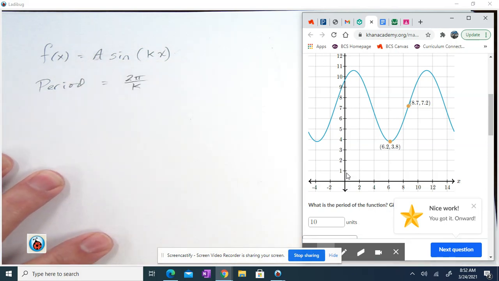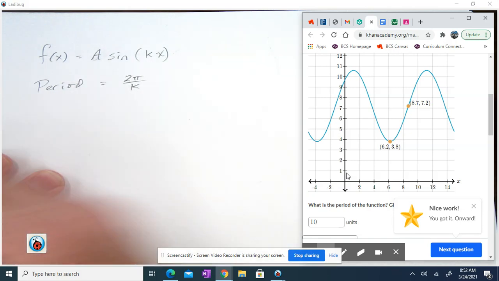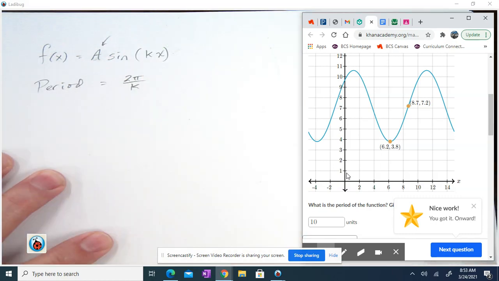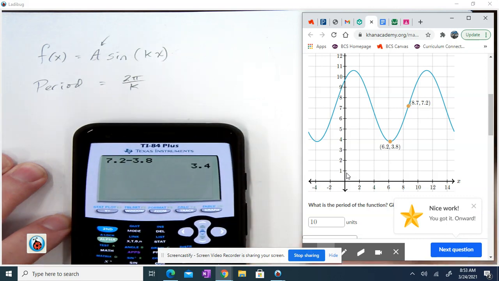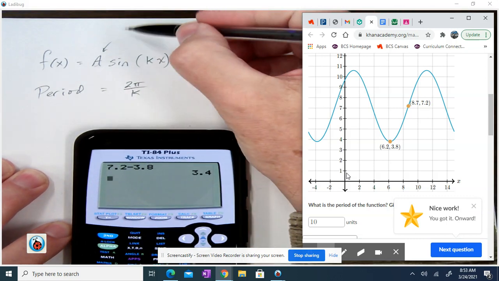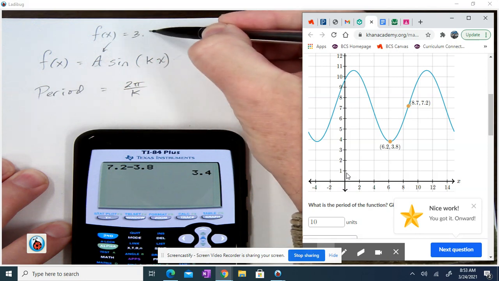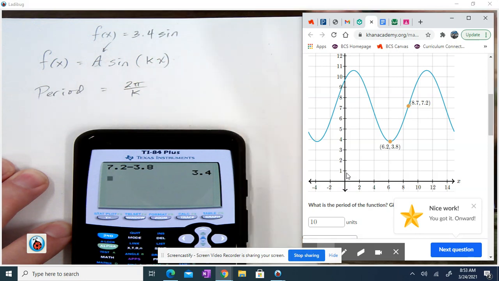So if I wanted to write the actual function for this, this value right here would be what I just found on my calculator, which is 3.4. So that would be f of x equals 3.4 times the sine.